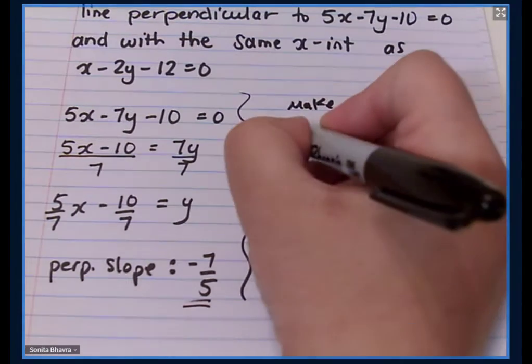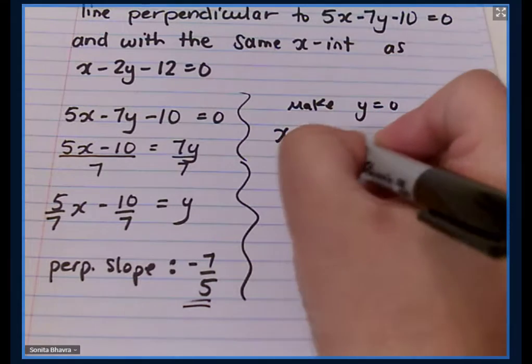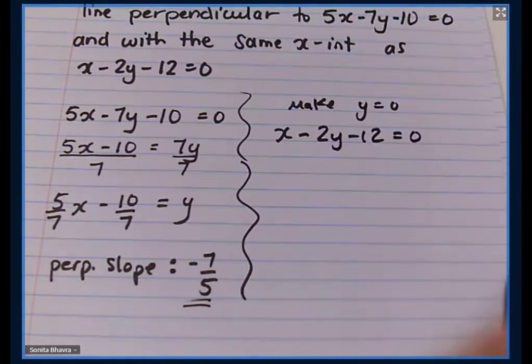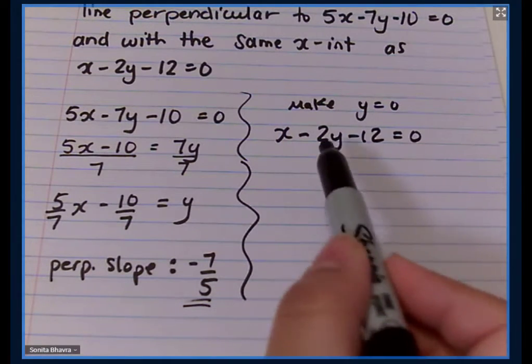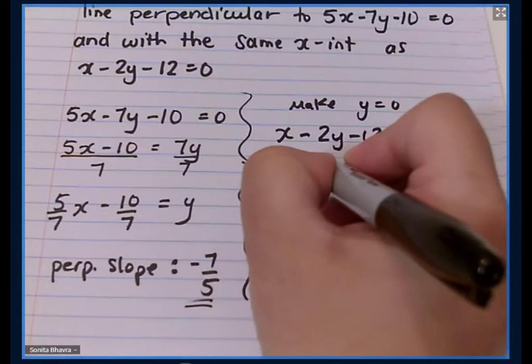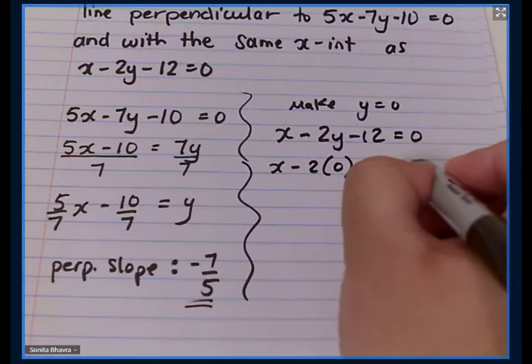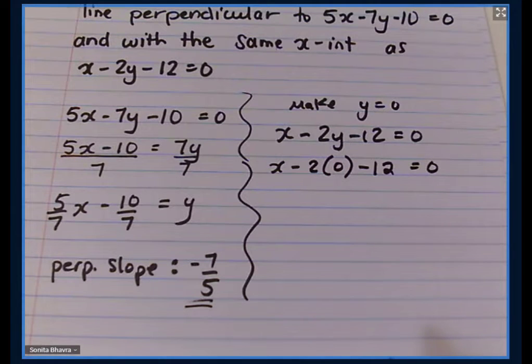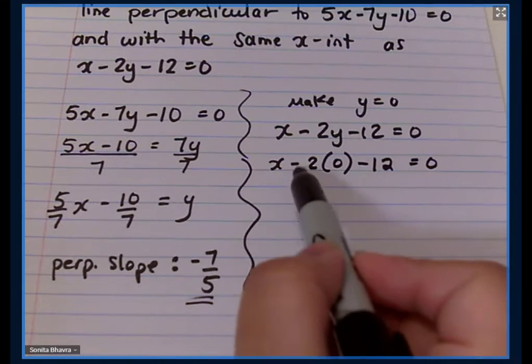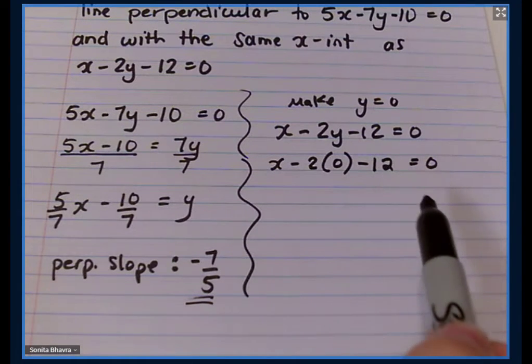So we had x minus 2y minus 12 equals 0. And we're just going to make y equal to 0. So it becomes x minus 2 times 0 minus 12 is equal to 0. Negative 2 times 0, that's just 0.